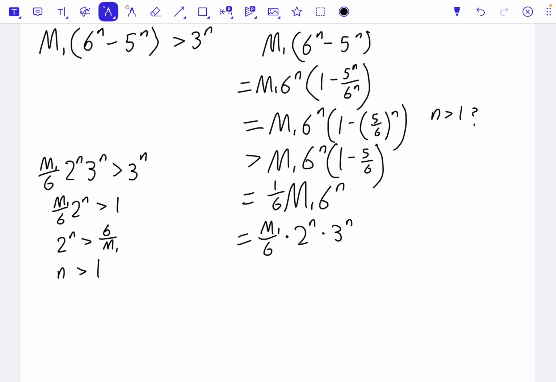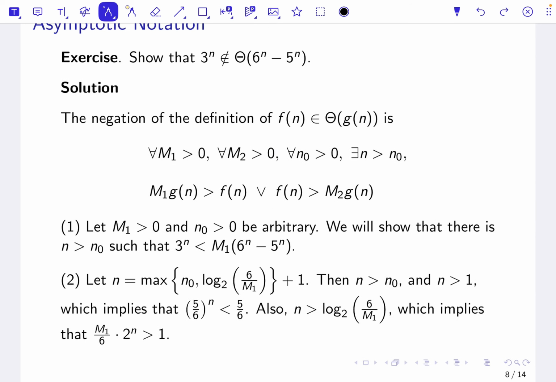But remember, the inverse of an exponential is a logarithm. So we're going to take the log base 2 of each side. So now we have two constraints on n that will allow us to start up the main proof.